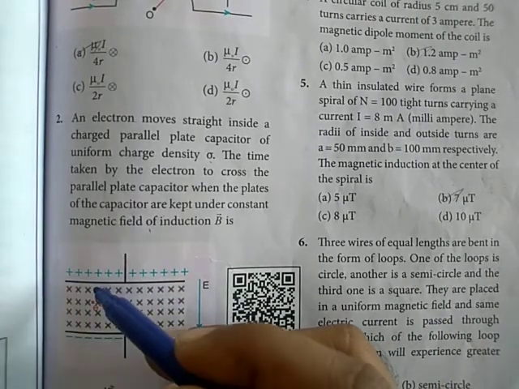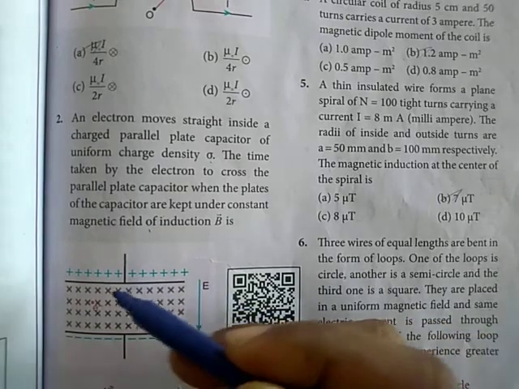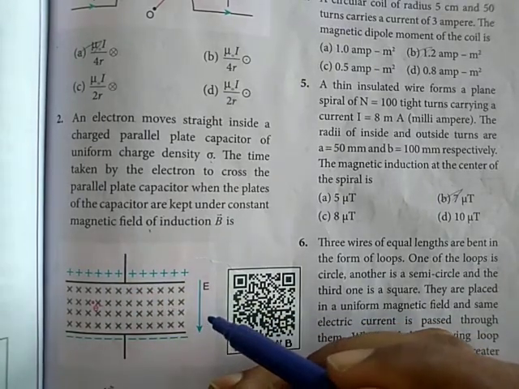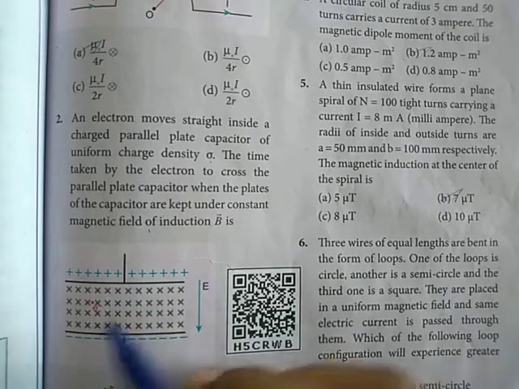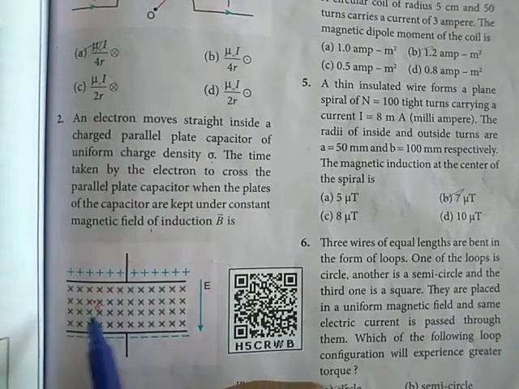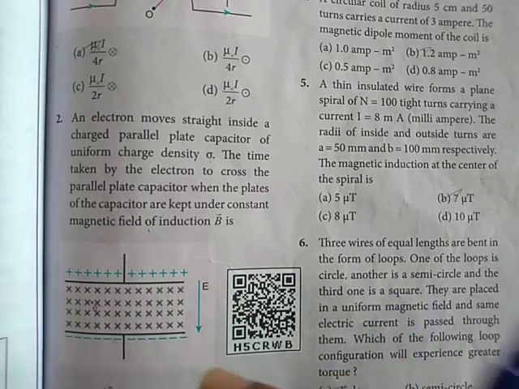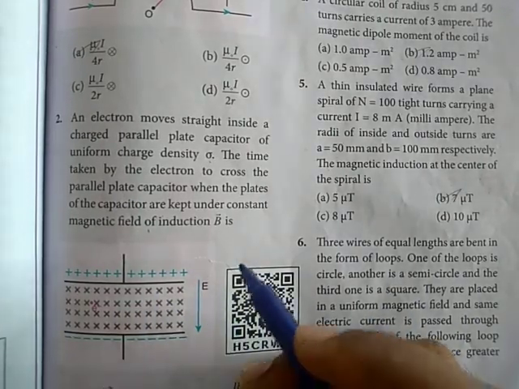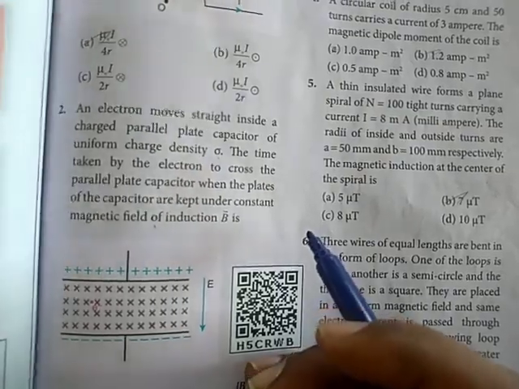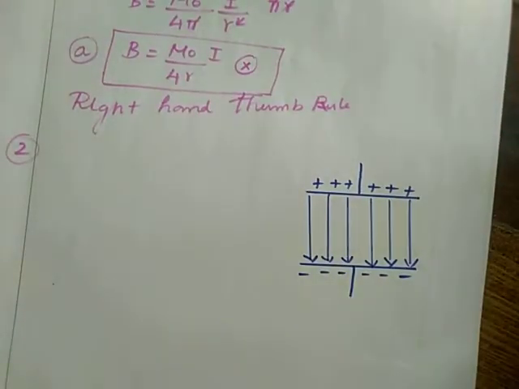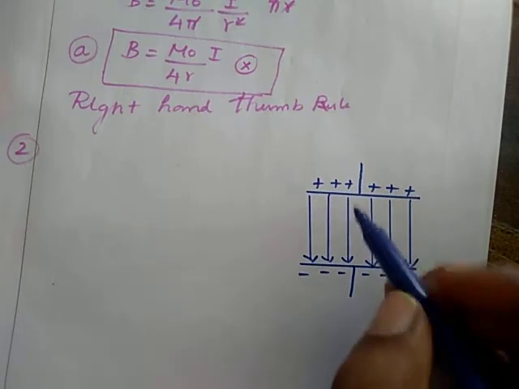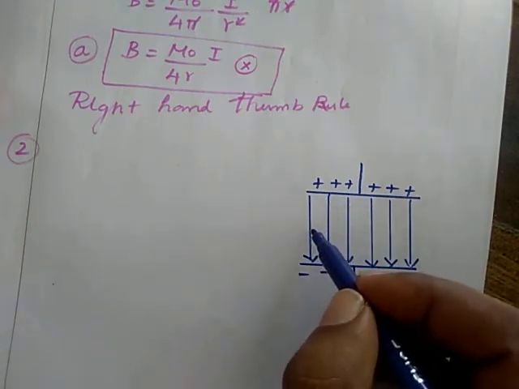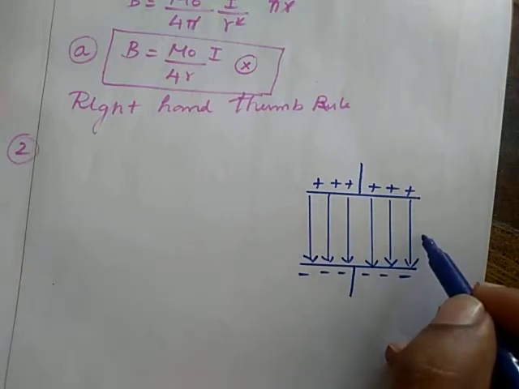In between the parallel plate capacitor there would be a constant electric field, that is E is equal to sigma by epsilon naught. We already studied this in unit 1. Here the electric field and magnetic field are perpendicular to each other, so it is a crossed field concept. Then let me solve the problem. In between the parallel plate capacitor, the electron moves with the velocity v in a straight direction.